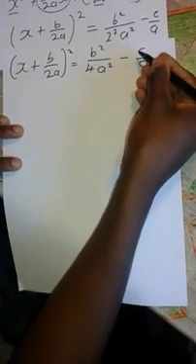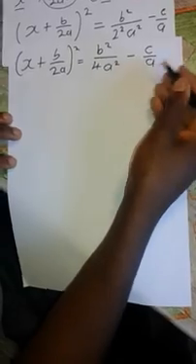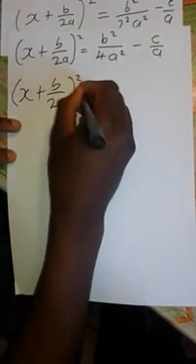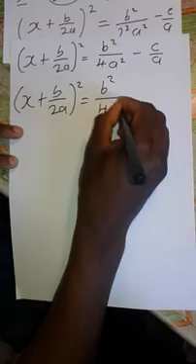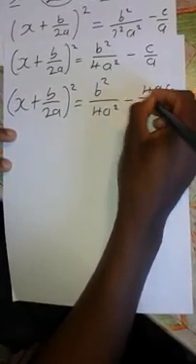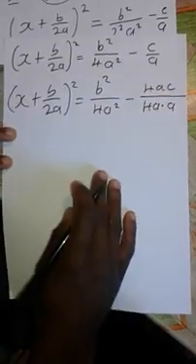It means that we can multiply by 4a. It's like we just multiply by 1. It means that I'm going to have x plus b over 2a all squared is equal to b squared over 4a squared minus 4ac all over 4a multiplied by a.